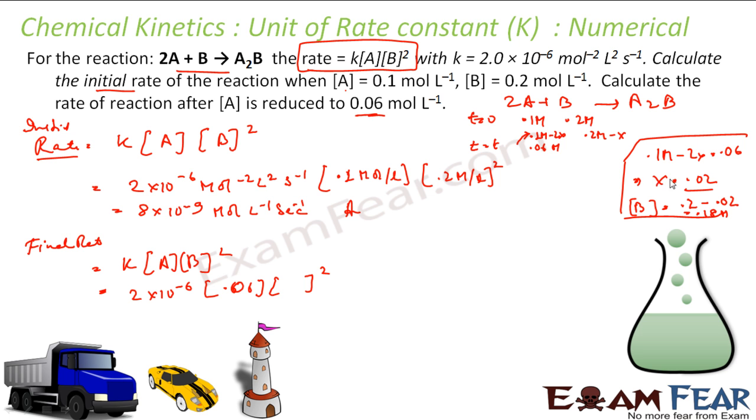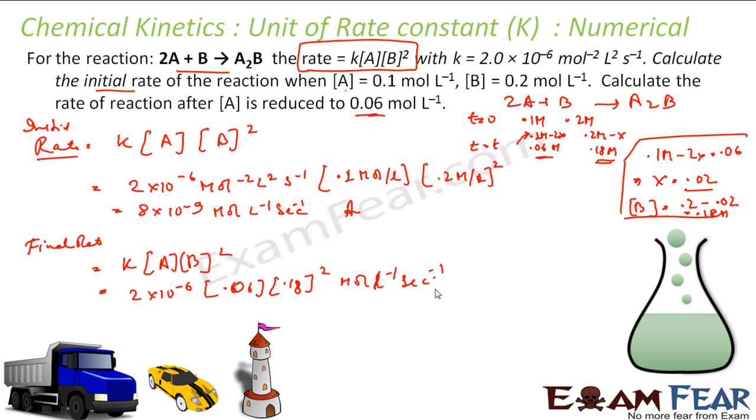So if x becomes 0.02 M, if you put this in this equation, 0.2 M minus 0.02 M, that is nothing but the concentration of B at t equal to t. That comes out to be 0.18 M. This becomes 0.18 to the power 2. And the unit will be moles per liter per second.